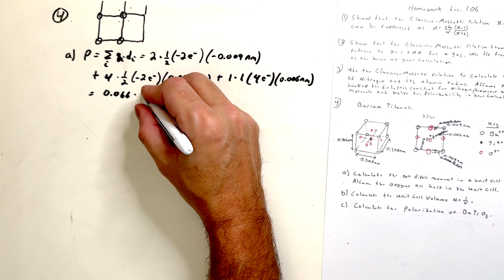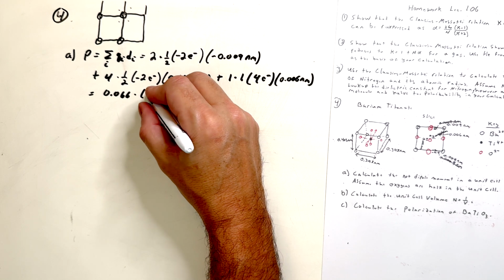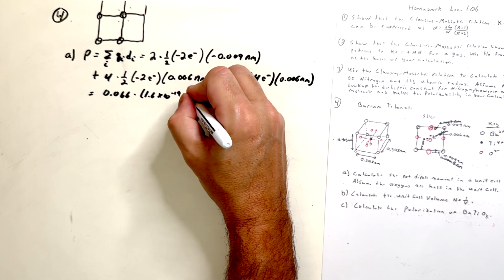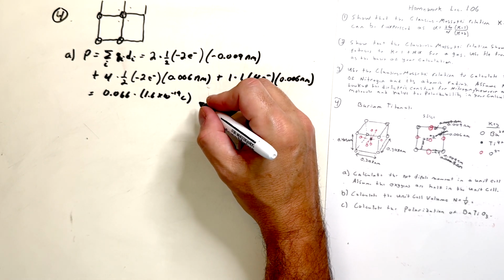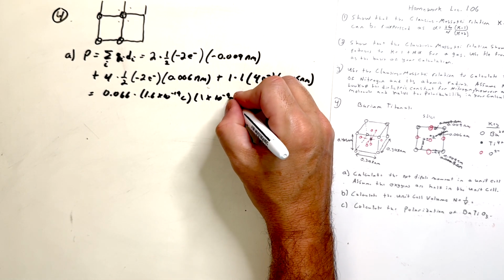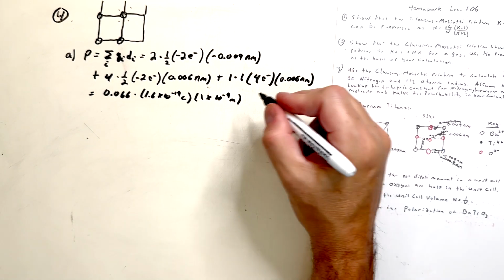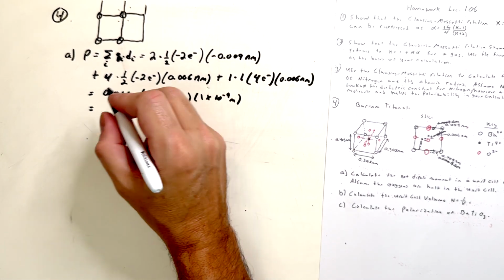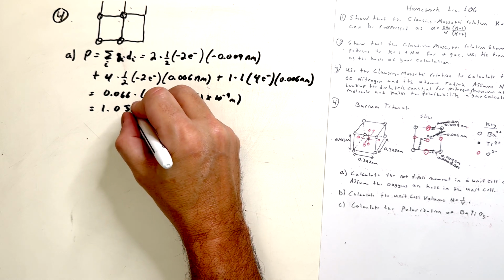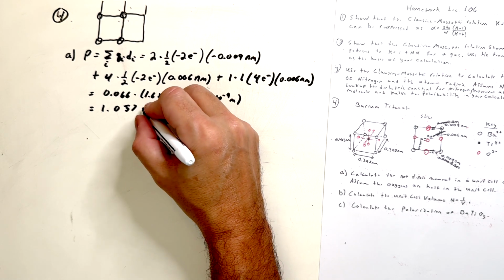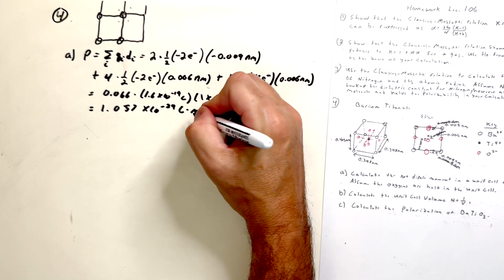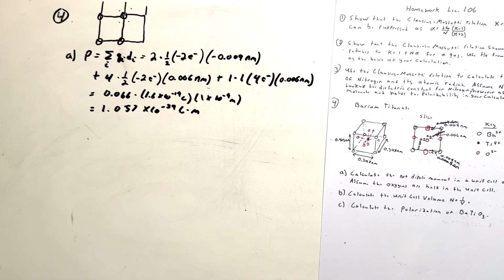So we'll have 1.6 times 10 to the -19 coulombs for the charge, and 1 times 10 to the -9 meters, because this is in nanometers. And that gives us a value of 1.057, I'll call it, times 10 to the -29 coulomb meters. So that's part A.